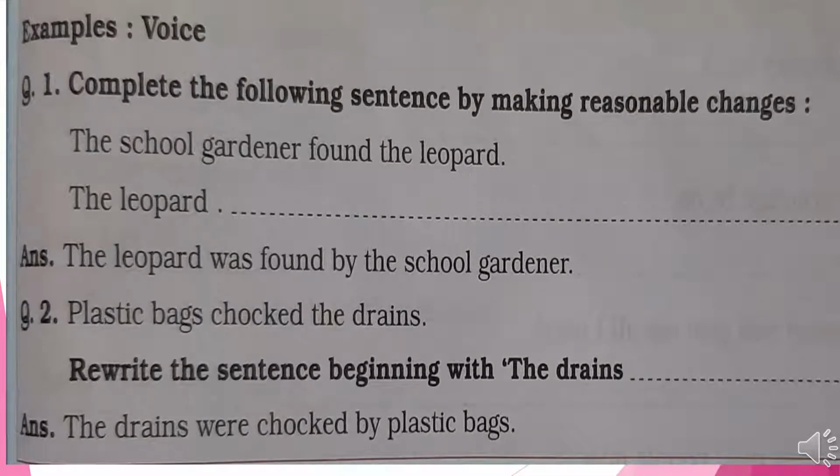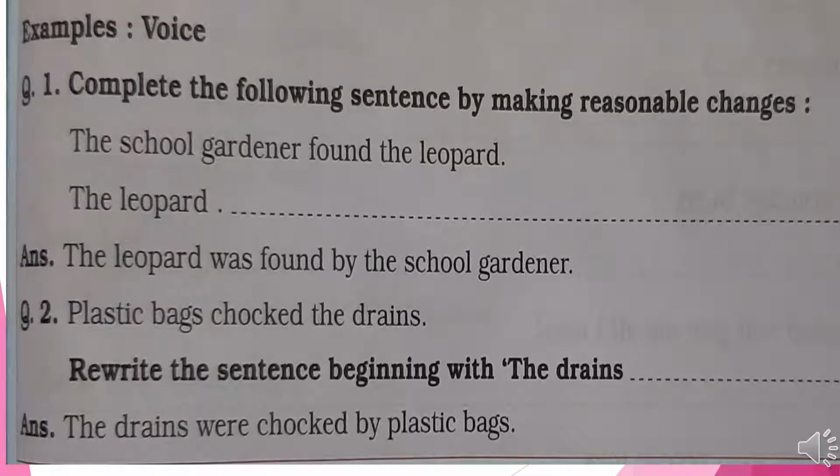My dear friends, here you have to at first identify the voice and thereafter you have to change the voice, because as we have seen in our earlier video on active and passive voice, the subject and object interchange their position. Here you can see that the leopard, which was at the place of object, is now playing the role of subject.